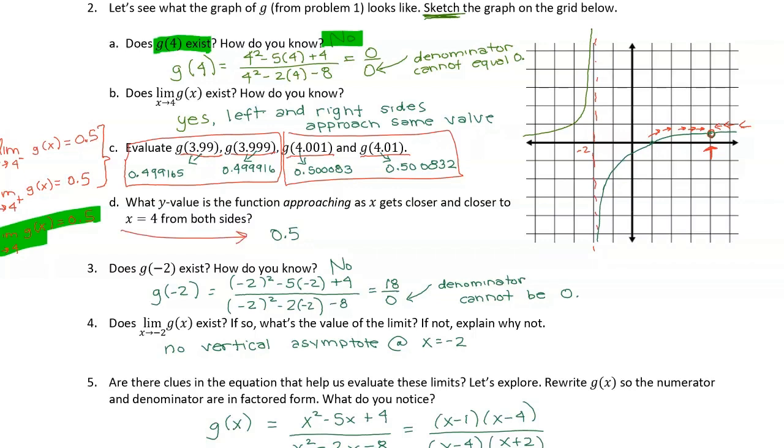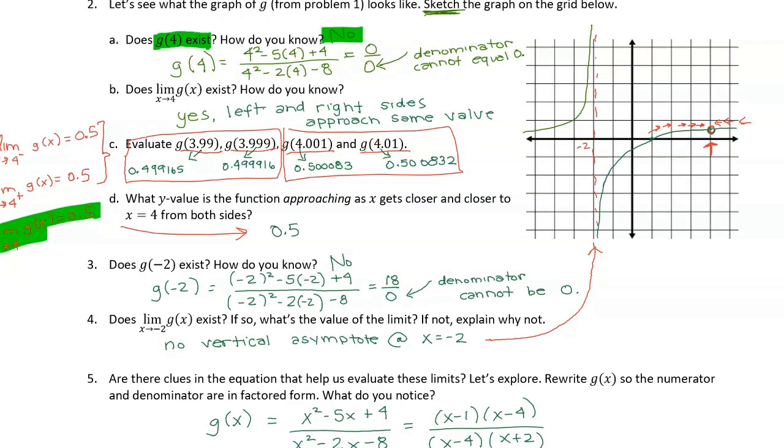Now let's look at g of -2. Does g of -2 exist? And the answer is no, because we have 0 in the denominator again. We could see this on the graph because at x equals -2, we have a vertical asymptote. Let's look at the limits of g of x as x approaches -2.